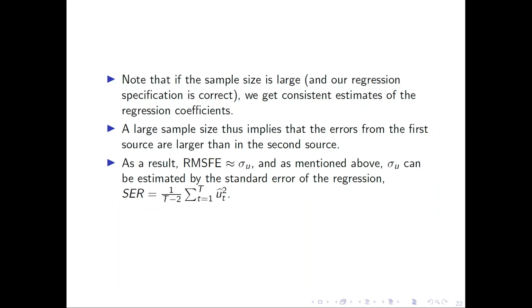If our sample size is large and we have specified our model correctly, which means that we have the correct number of lags in our model, then we get consistent estimates of the regression coefficients.